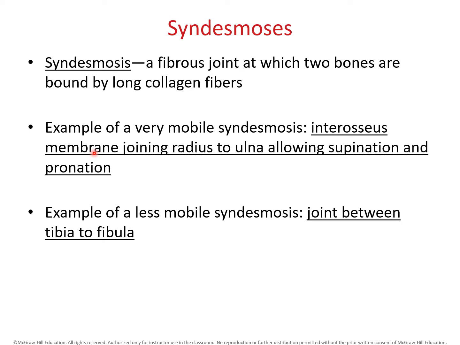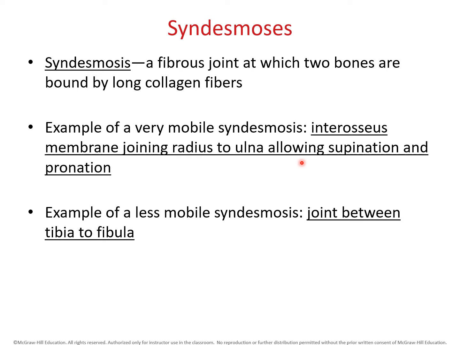This interosseous membrane is a wider sheet of fibrous tissue, and it's pretty unique. So these interosseous membranes are what join the radius to the ulna, and the tibia to the fibula.